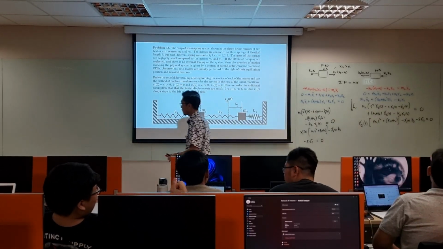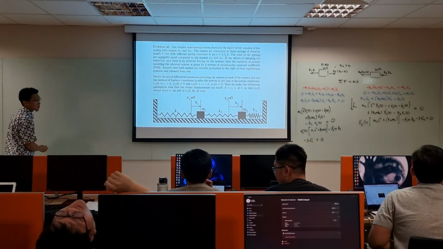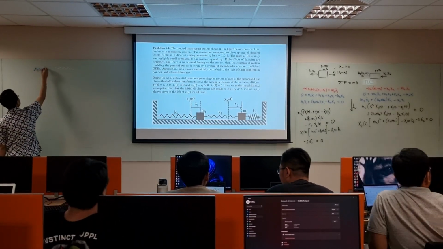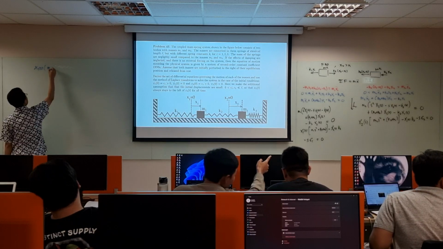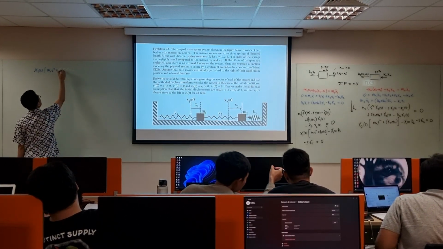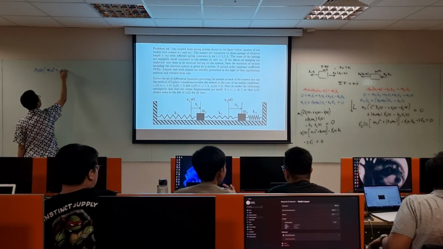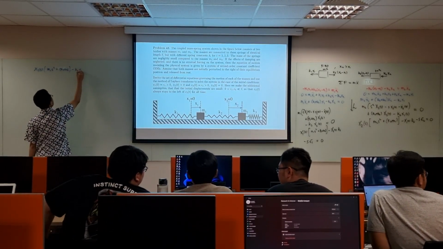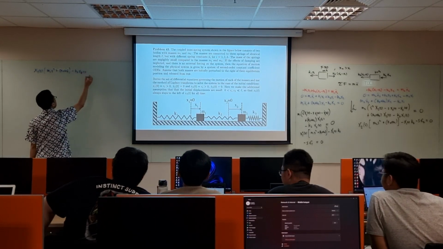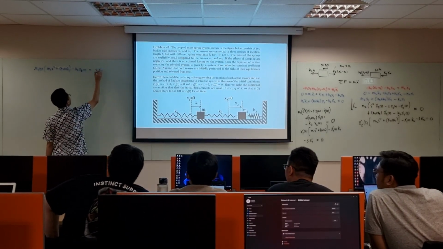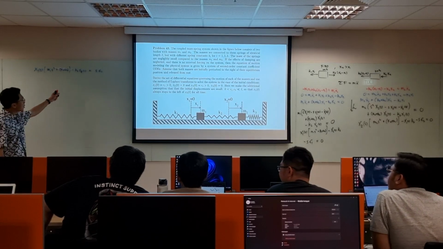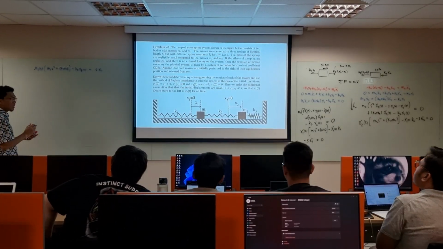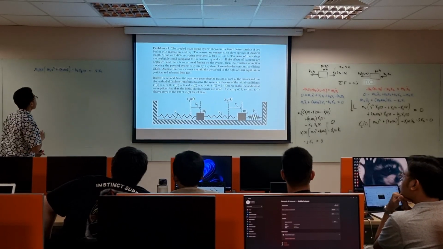Let me write down here the equation. x1s, m1s squared plus... The s epsilon 1, I move it to the right side, because that's non-x term.